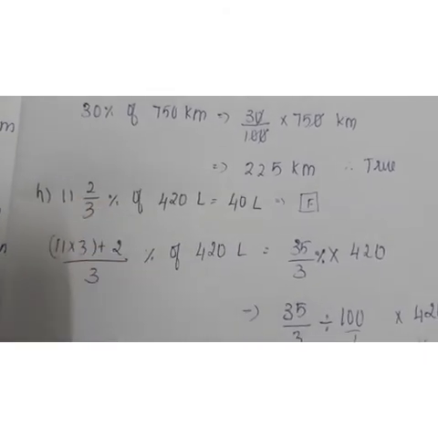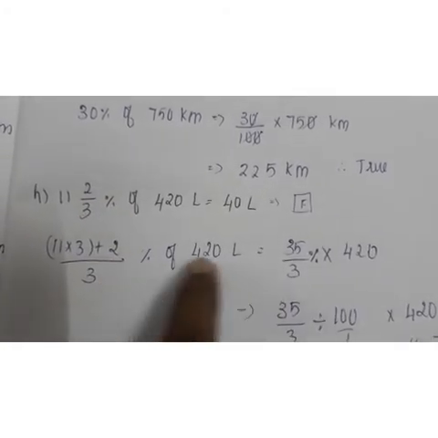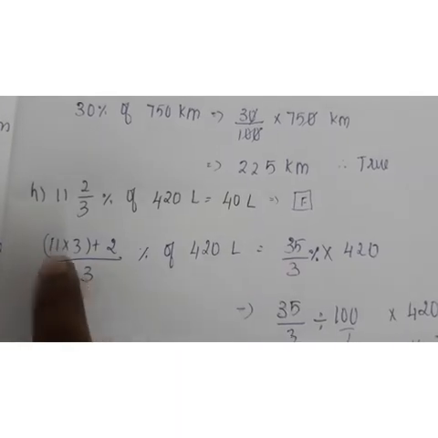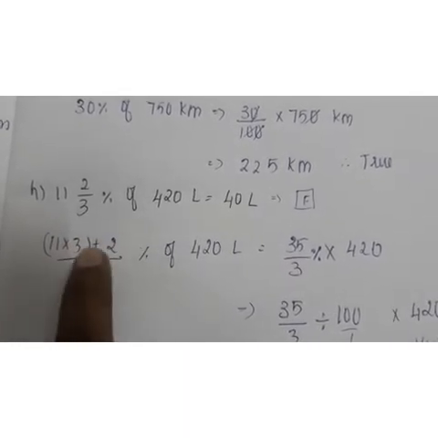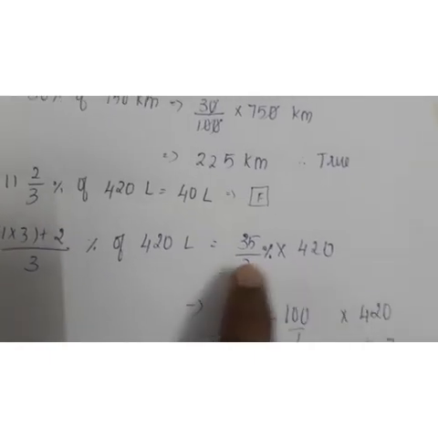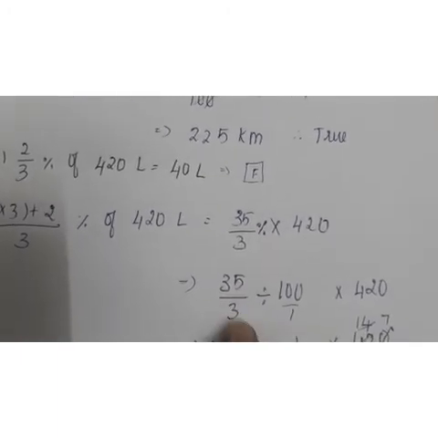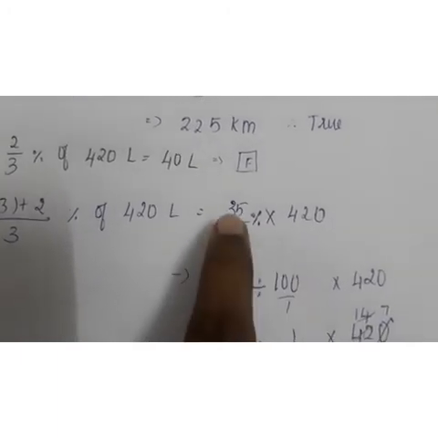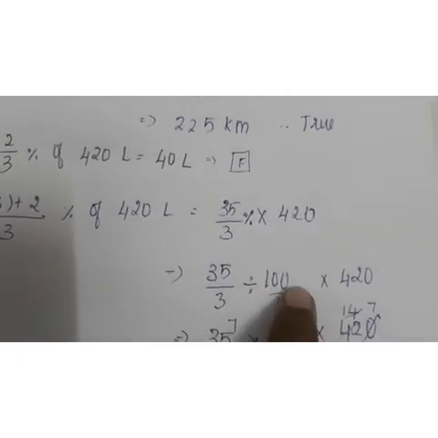See, H part, 11 2 by 3 percentage of 420 liter is equal to 40 liter. 11 2 by 3, just as usual you have to convert the mixed fraction into an improper fraction, of 420 liter. Then this mixed fraction is 11 multiplied by 3, 33, 33 plus 2, 35, 35 by 3 percentage multiplied by 420 liter. This percentage, how will you write it? You will write it as division, right? Divided by 100. So already here it is a fraction, so 35 by 3 divided by 100 I have put.